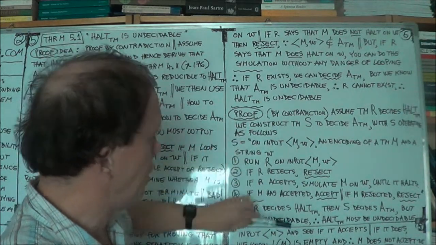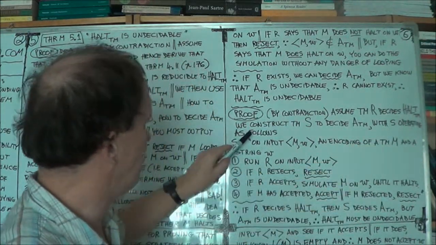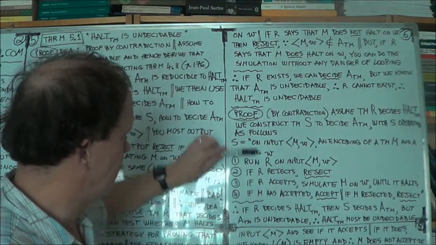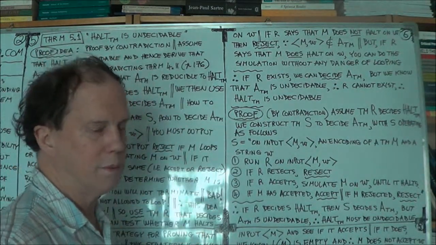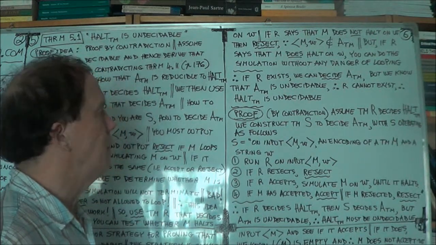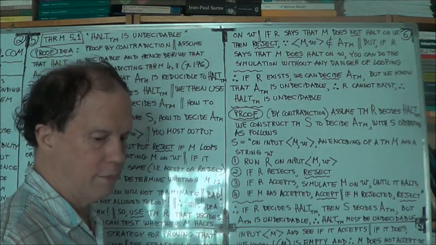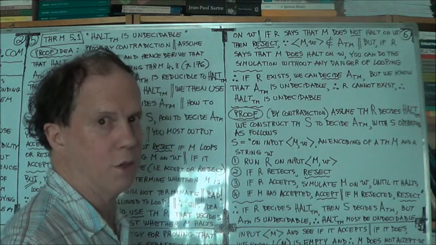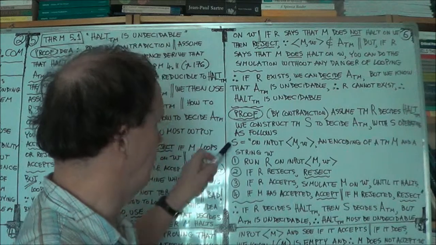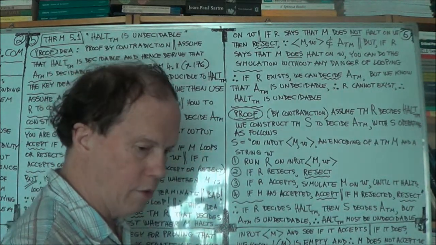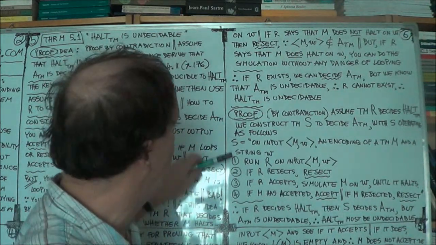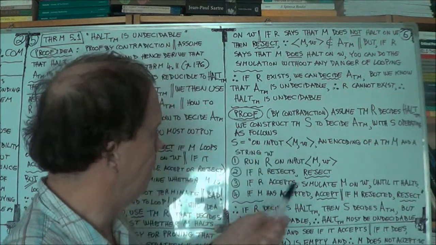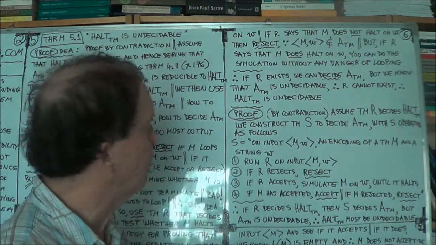All right, now a bit more detail on how S actually operates. So S operates as follows. Now here's your standard format description of an algorithm, in other words, how a Turing machine operates. Remember, an algorithm is just what a Turing machine does. So as usual, you start with a description of the input tape.